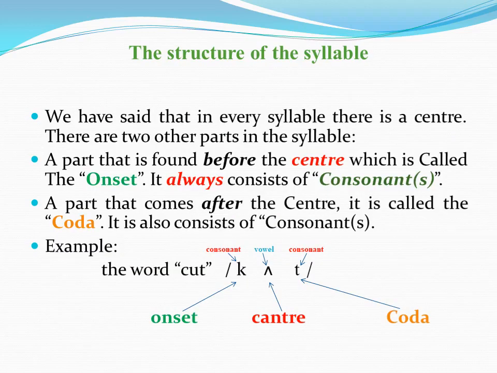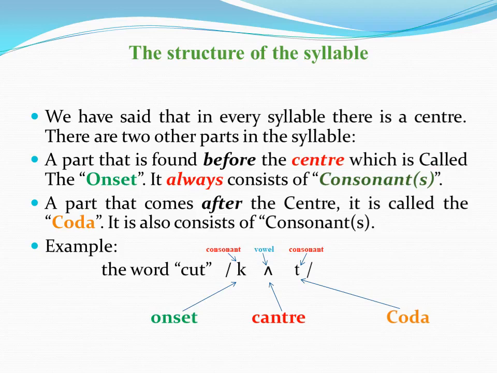Now, what is the structure of the syllable? At the beginning, we said that in every syllable there is a center, and there are two other parts in the syllable. The center contains the highest amount of energy in the syllable, and it is usually a vowel.